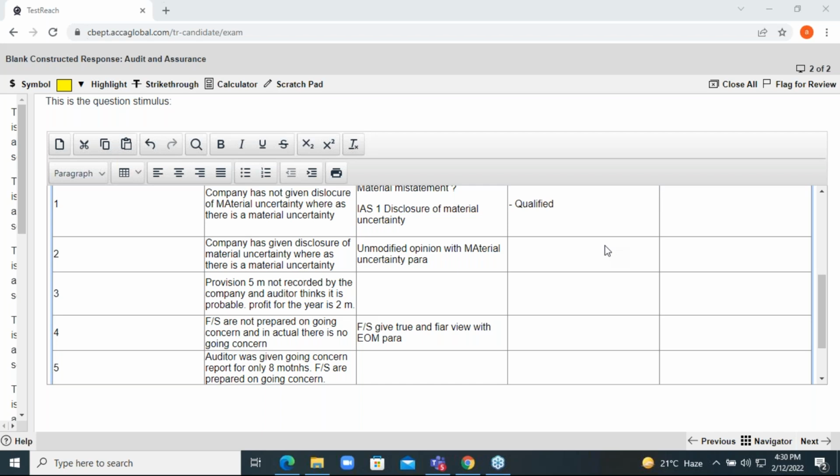Disclaimer of opinion, except for, disclaimer of opinion, unmodified with going concern para. With going concern paragraph, we should demand management for full year report. If they don't, we should give adverse opinion. Samantha is saying adverse opinion, going concern more than 12, uncertainty paragraph, modified.